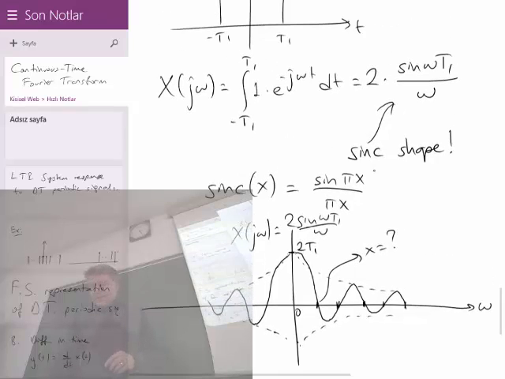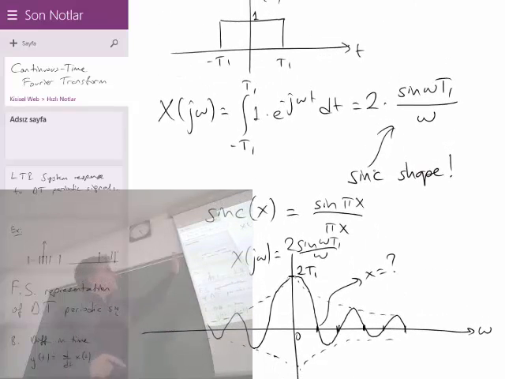That is, if this top shape becomes wider and wider, that means t1 is larger and larger, then this sync shape will be more and more squeezed, showing more and more oscillations. Therefore, this x is inversely proportional to t1, of course.